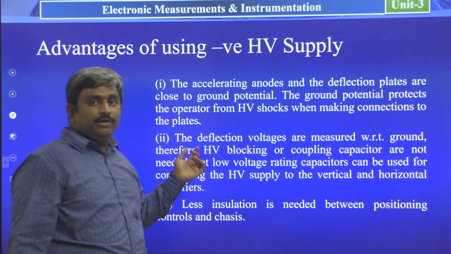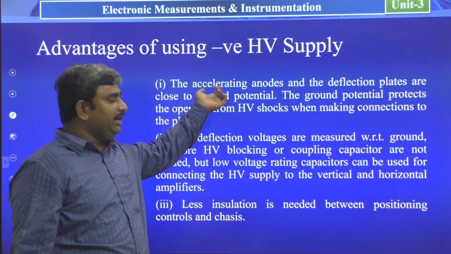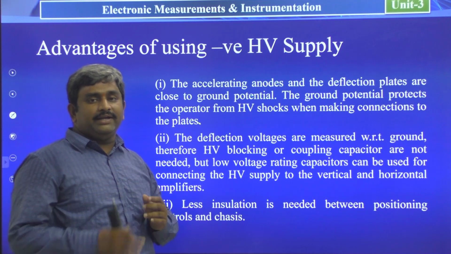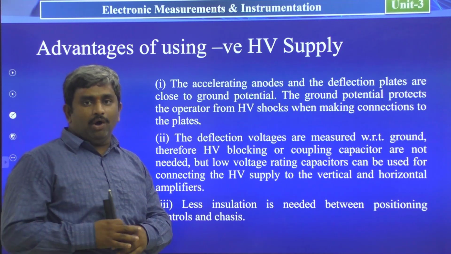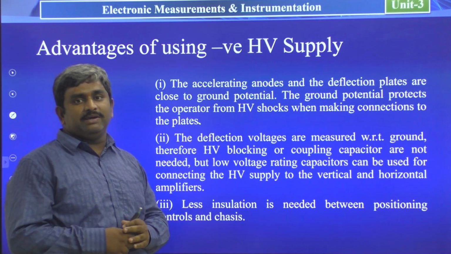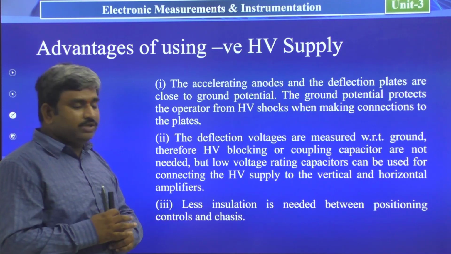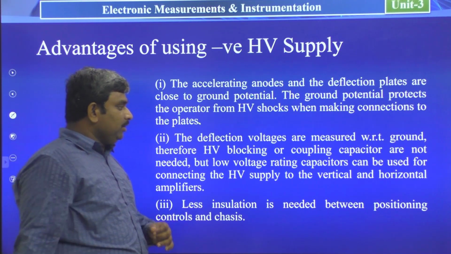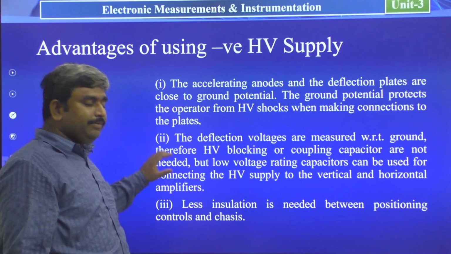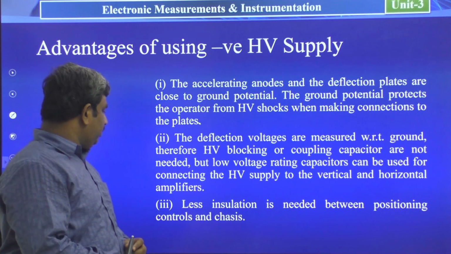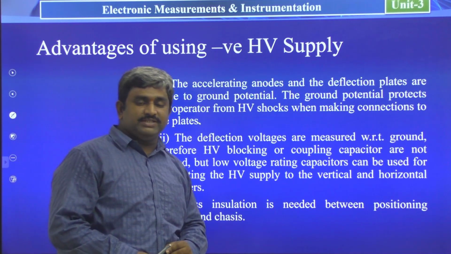So here the deflection voltages and accelerating anode voltages are both connected in parallel to the ground. Whenever the high voltage supplies leak, they will leak into those particular circuits. And with this high voltage supply, less insulation is needed between the positioning control and chassis.